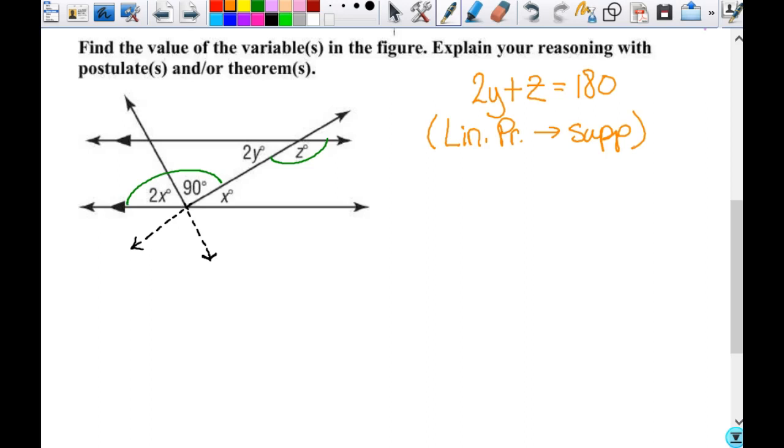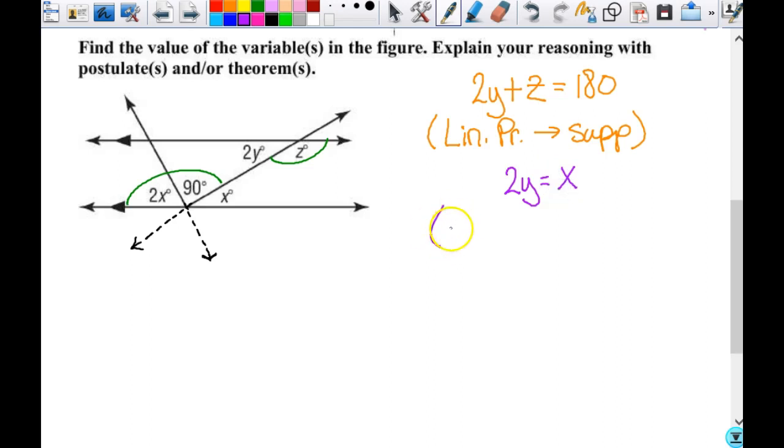So I got to set up another one. So what about, could I do 2y and x? What type of angle pair are these? Alternate interior. So what do we know about those? They're congruent. So that means that 2y equals x.